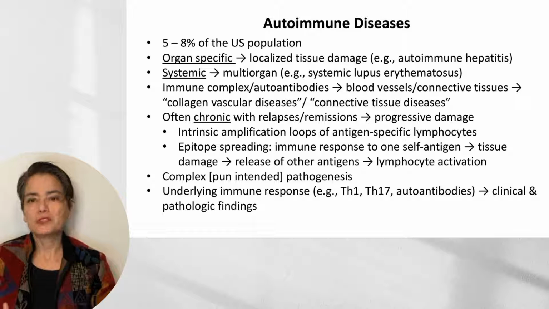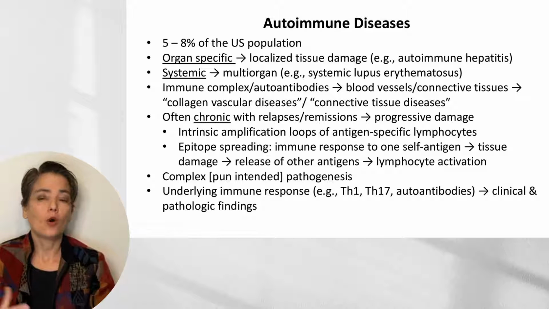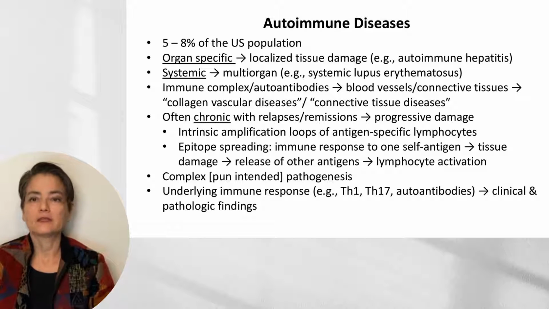And what we will see as far as the clinical and pathologic findings will be determined by the underlying immune response. So is this going to be a Th1, Th17, so T cell response, or will it be due to autoantibodies? So this is another way that we can consider these autoimmune diseases.